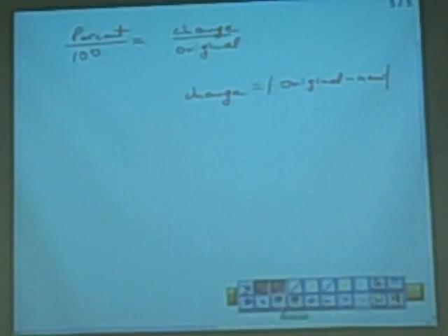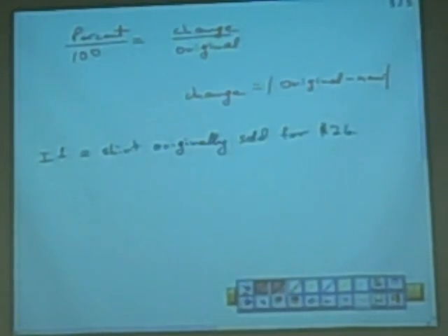Alright, so this first question we have is if a shirt originally sold for $26.50 and now is on sale for $17. What was the percent decrease?